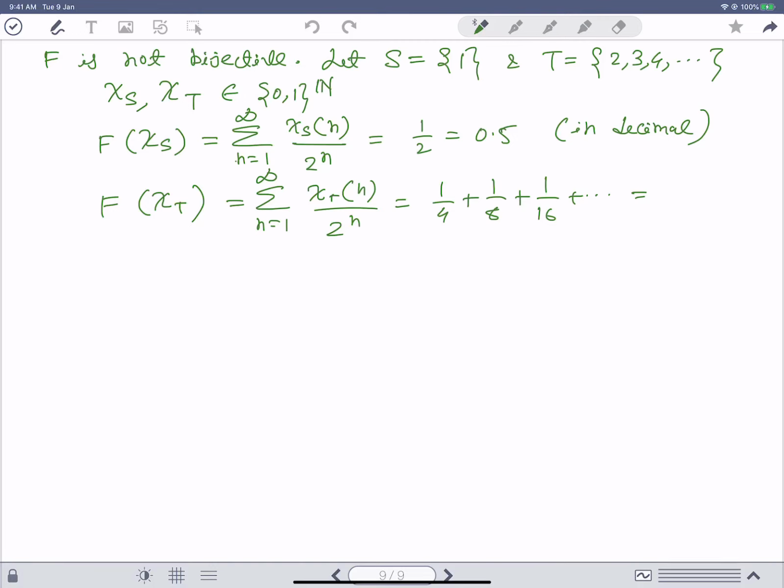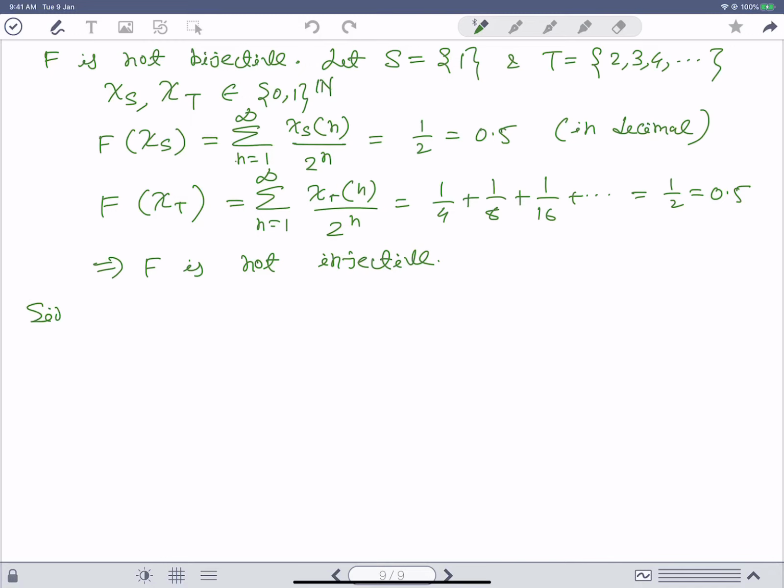Again if you take the summation it will be half, that is 0.5. So we have two distinct points, that is distinct functions, whose images are the same. That implies f is not bijective, or you can say it is not injective, right?